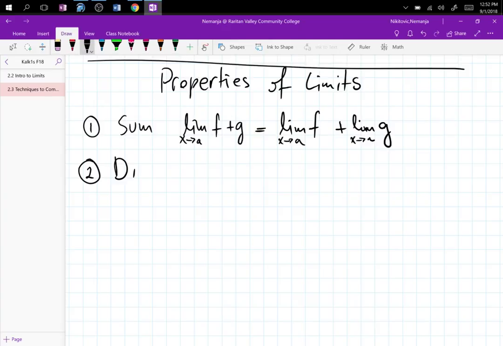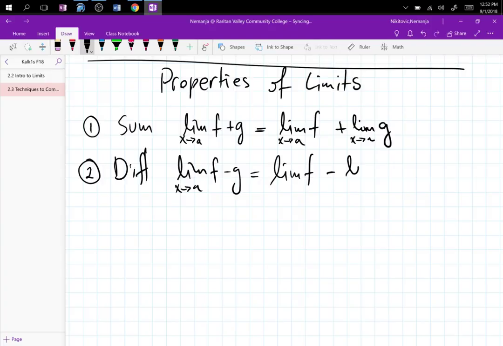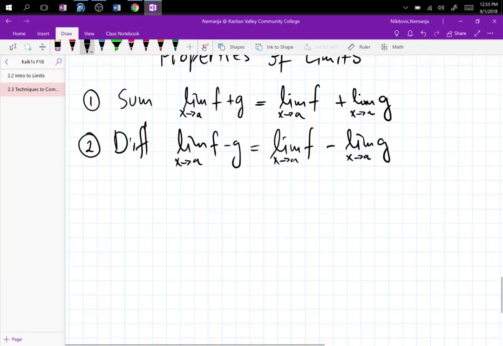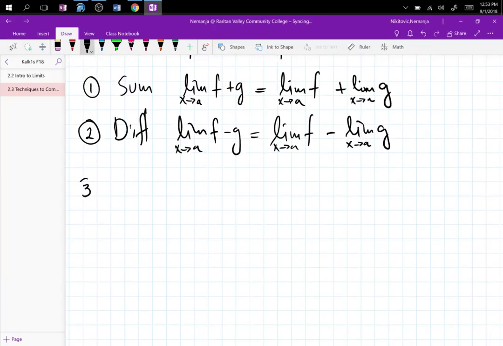Difference. Limit of f minus g as x goes to a is the limit of f minus the limit of g as x goes to a.